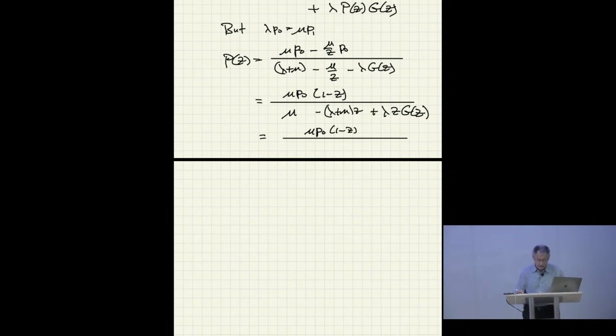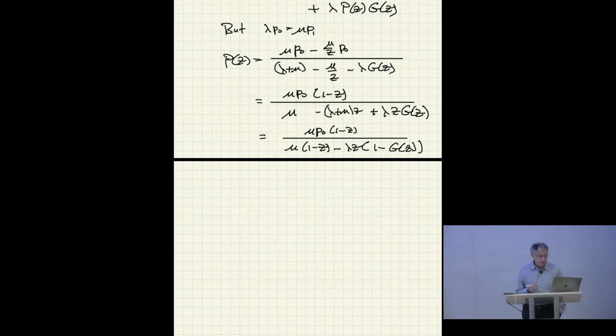And downstairs I see it's mu times 1 minus z minus lambda z, 1 minus g of z. Now, of course, we expect z equals 1 to be a root of the denominator always. And it's going to cancel the one upstairs. We'll get to that in a moment. It's not obvious yet what to do with it.